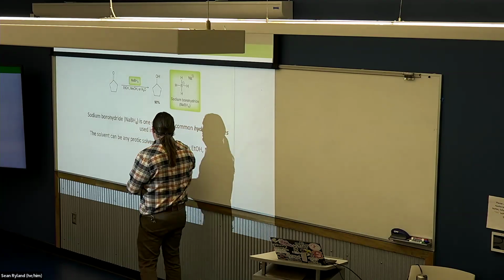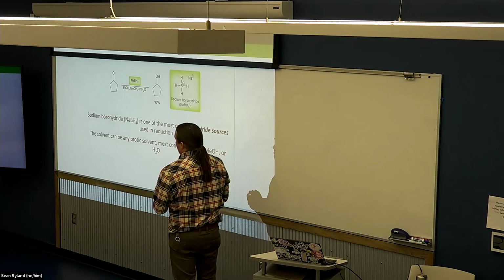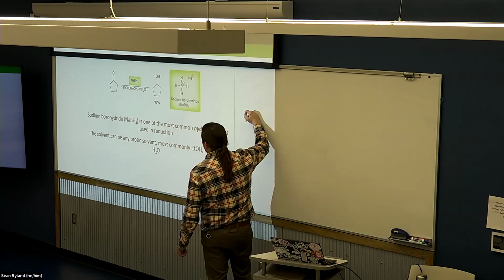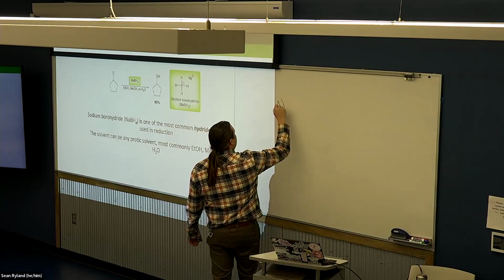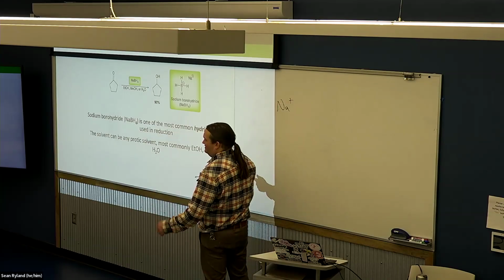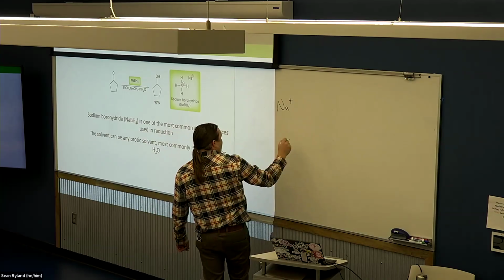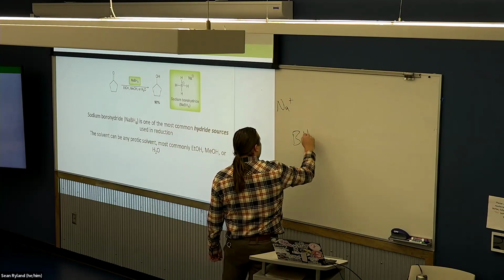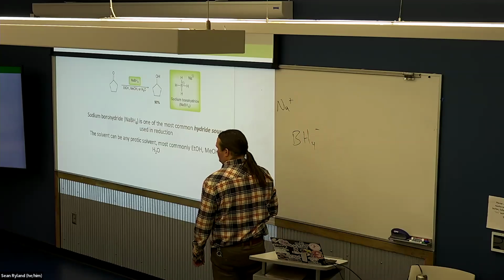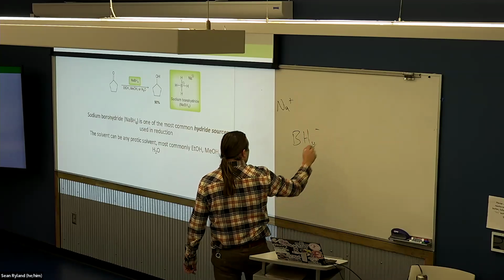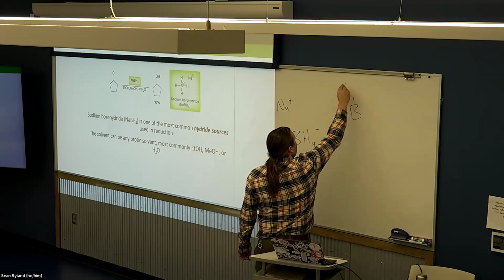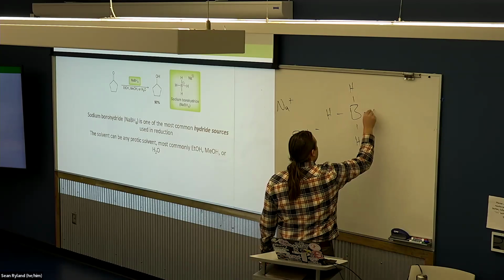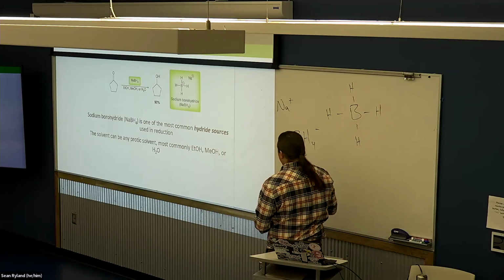Right, so if we look at sodium, this is a compound called sodium borohydride. If we look at the charges on everything, we know what the charge on sodium is going to be. It's Na+, right? So we're looking at BH4 with a minus charge. So it's going to look like that.